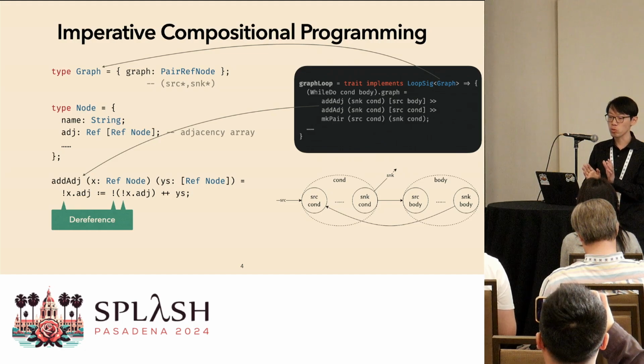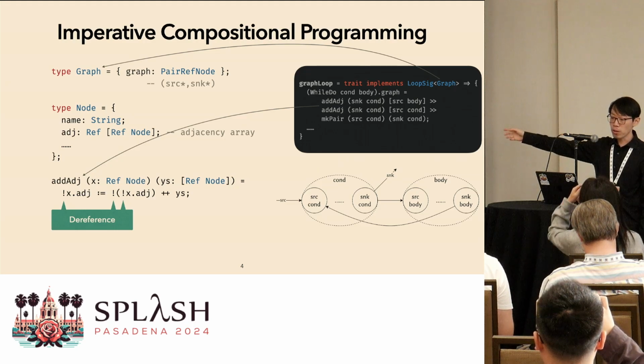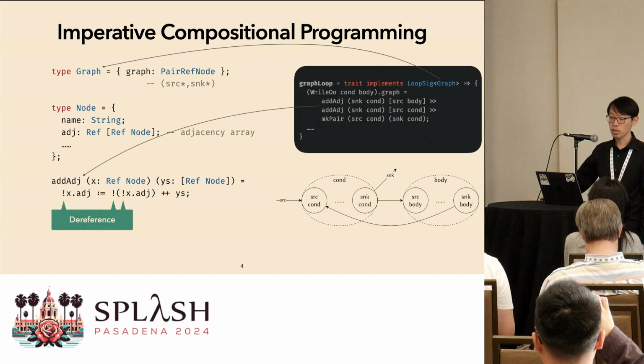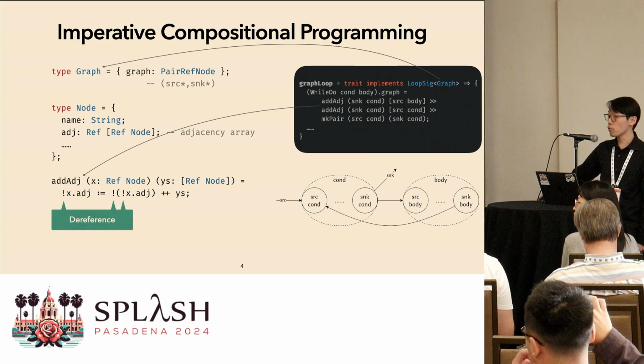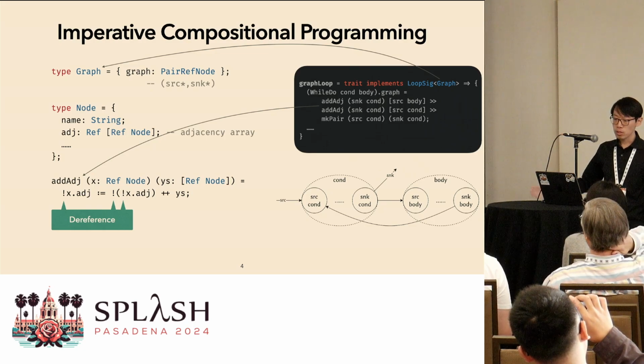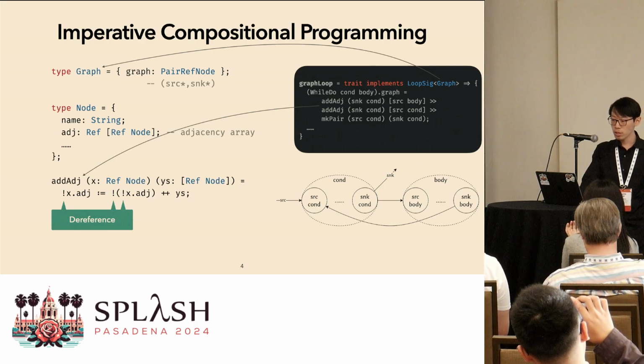One points to the source node, one points to the sink node, and we make a lot of use of references, like assignments, creation of references, and dereferences here. The bang is for dereferences. The adjacency array is like a mutable field here.